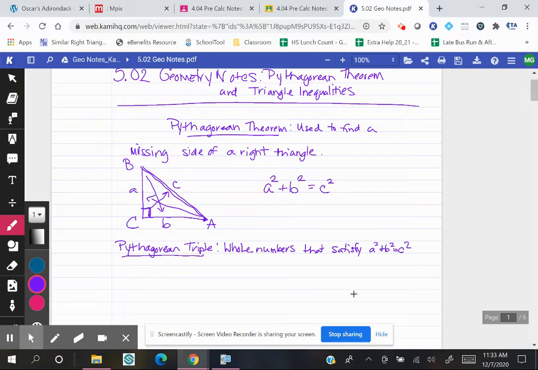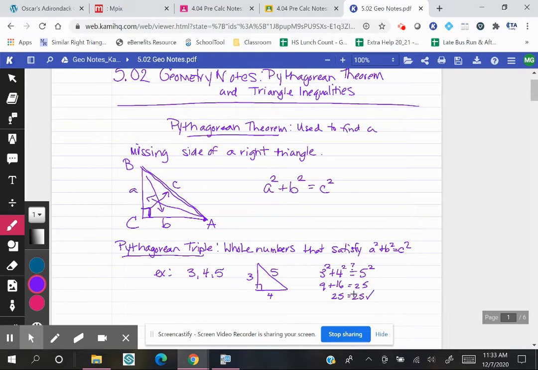So, for example, the most classic one is a 3, 4, 5 triangle. So that means one side is 3, one side is 4, and the hypotenuse is 5. So if you put it into the Pythagorean theorem, would it be true? Well, we've got 9 plus 16. 5 squared is 25, so 25 equals 25.